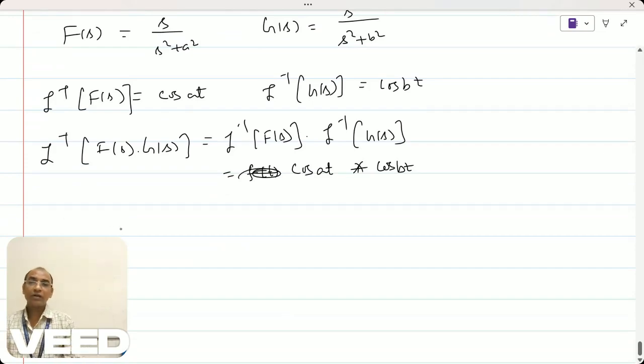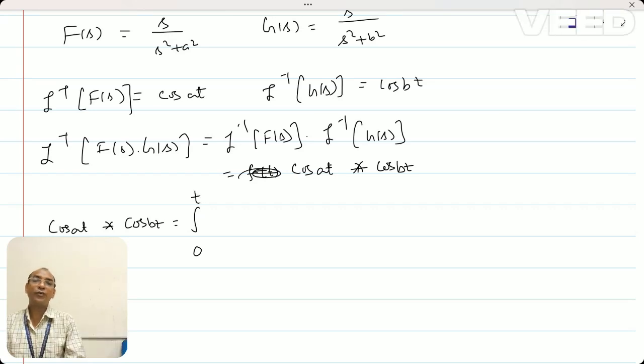According to the formula of convolution, cos at star cos bt will be integration 0 to t f of u. Wherever t is there, I will put u. So I will have cos au, and this one will be cos b into t minus u, and I will have du here.